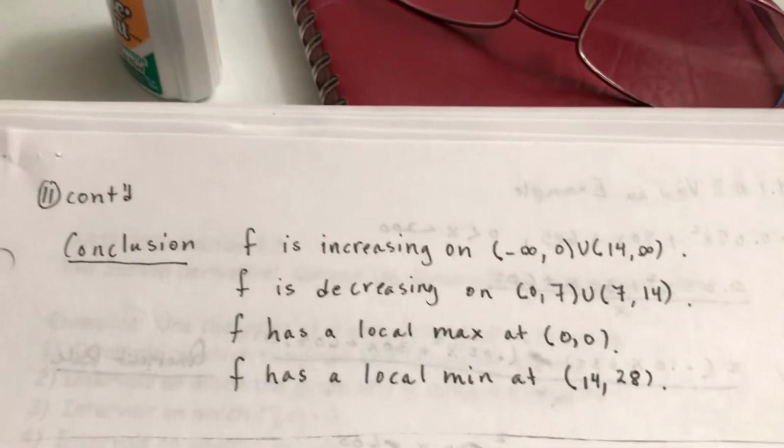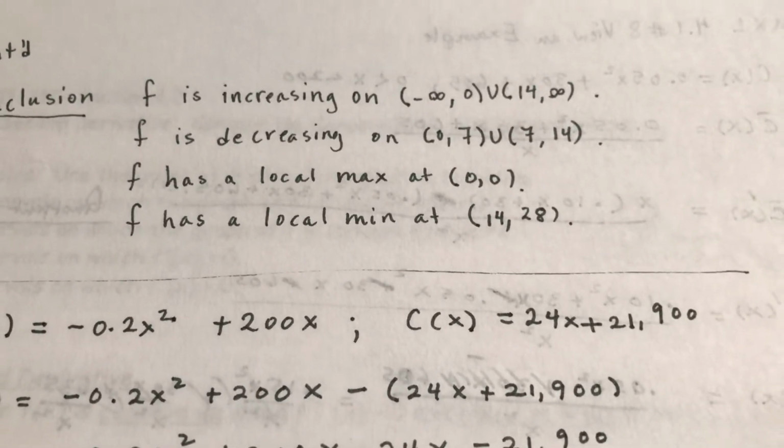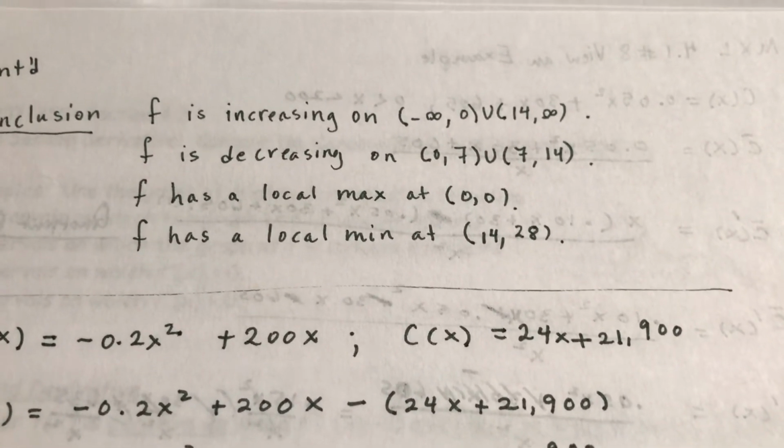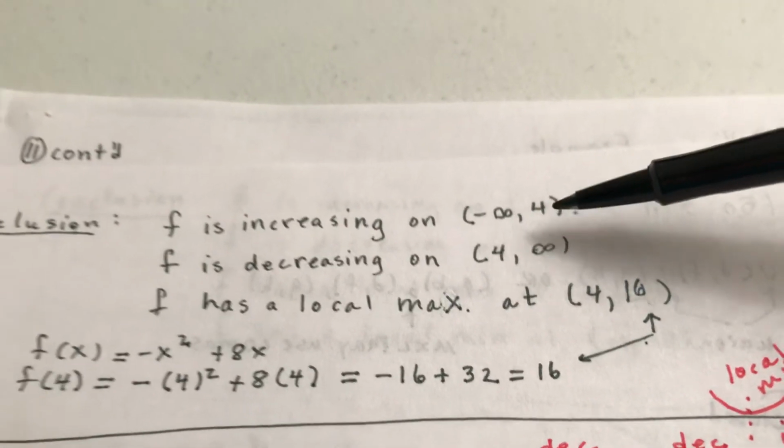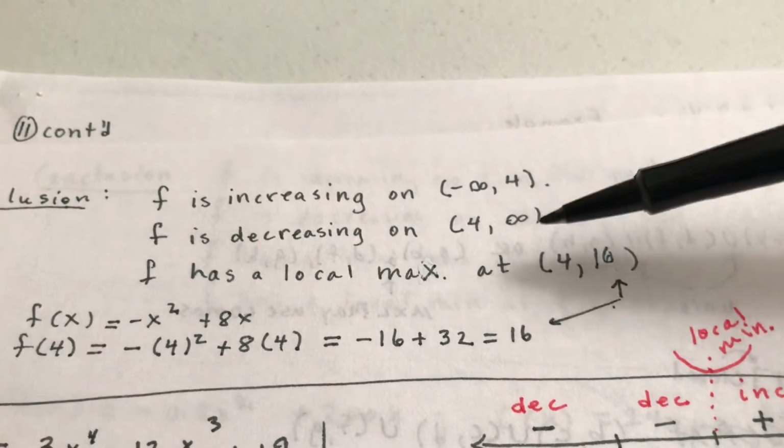Here's the conclusion. Hold on, I'm looking at the wrong problem. Try again. Conclusion of this one. That f is increasing on that interval from negative infinity to 4. F is decreasing on 4 to infinity.